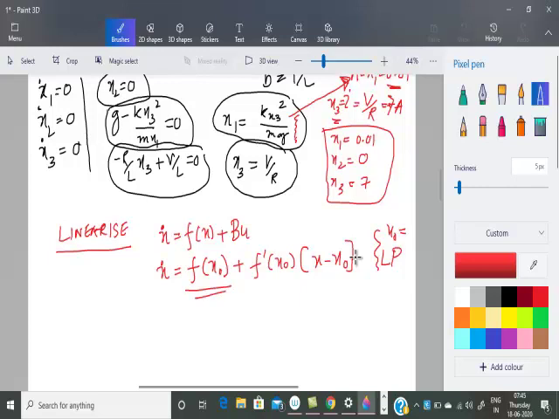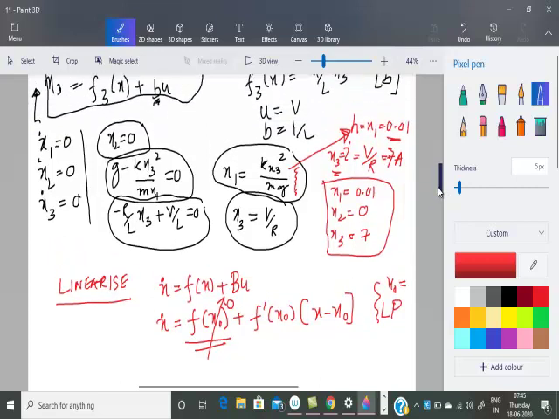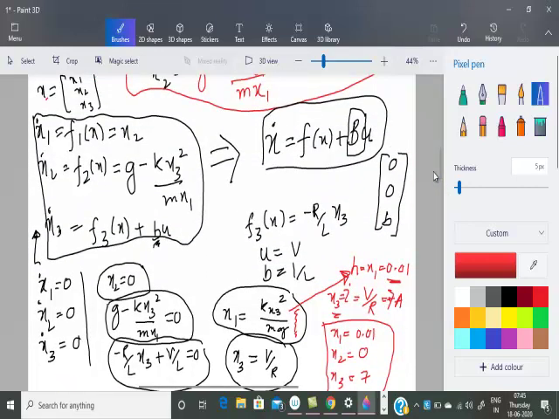So this f(x0), the value of the function at the equilibrium point, is going to be 0. You already know this, because x1 dot is equal to 0, so that means f1(x) is 0, x2 dot is equal to 0 at equilibrium point, that means f2(x) is 0, and x3 dot is equal to 0 means that f3(x) is minus b u, right?